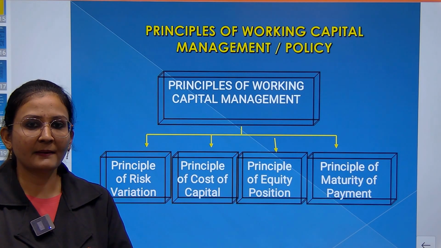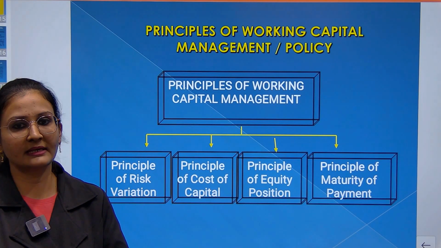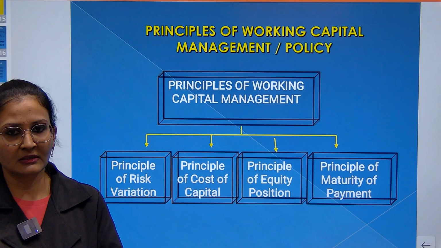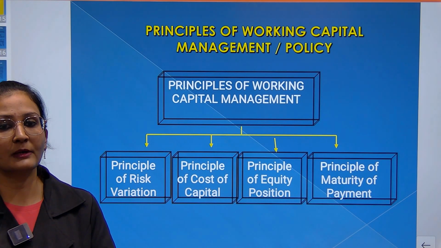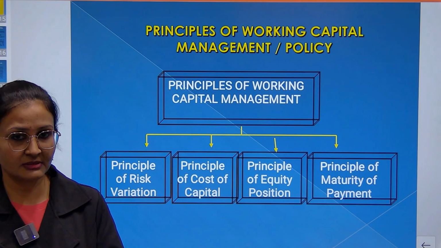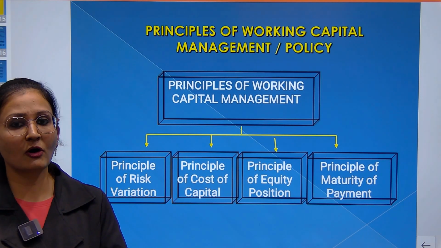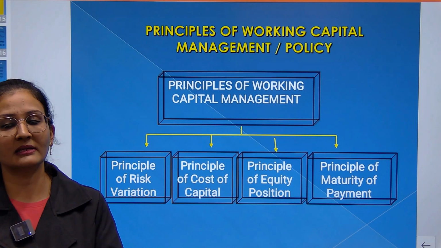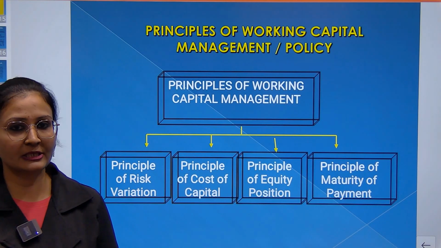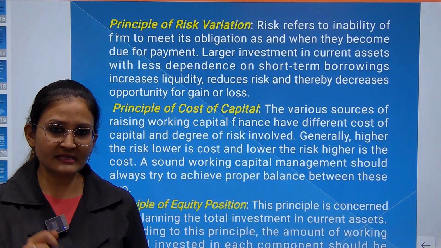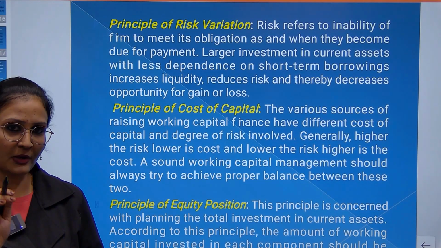Now we will see principles of working capital management. The first principle is principle of risk variation. Second one, principle of cost of capital, then principle of equity position, and the fourth one is principle of maturity of payment. So these are the principles. Now we will see each point in detail.